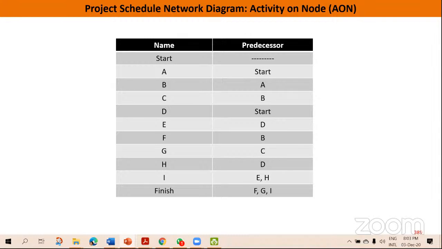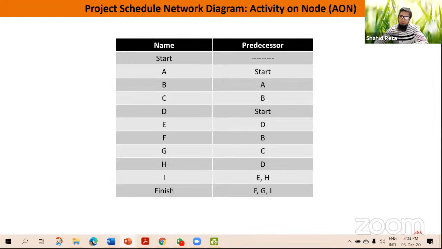But I am talking about deadlock situation.